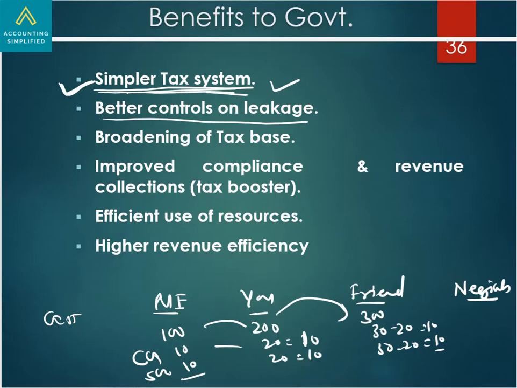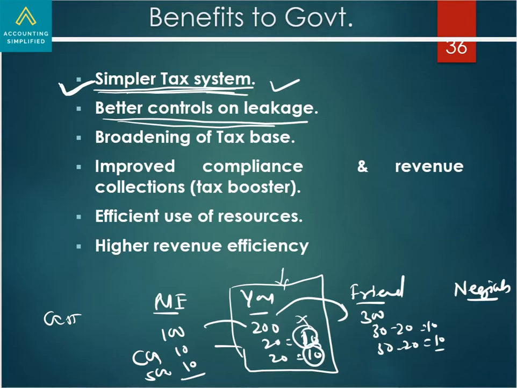Now let me explain this better control on leakages. Suppose you want that I should not comply with the law, and I should not pay 10 rupees, though I am charging 20 rupees from my friend. I will not pay this 10 rupees to the government. Suppose you think like this. So what will happen?